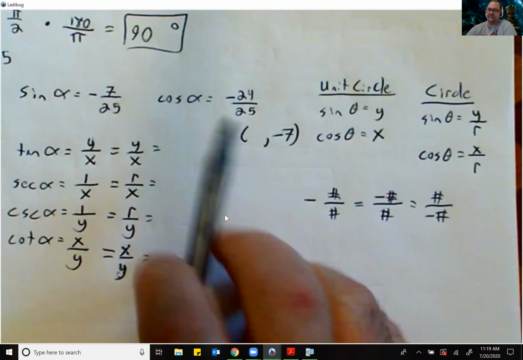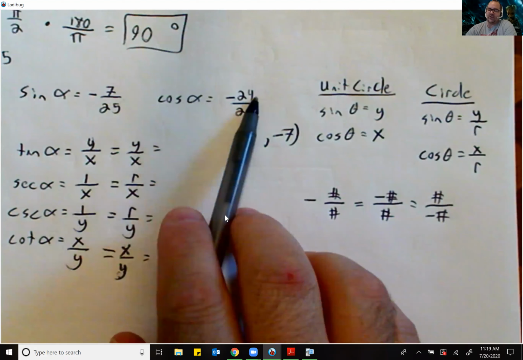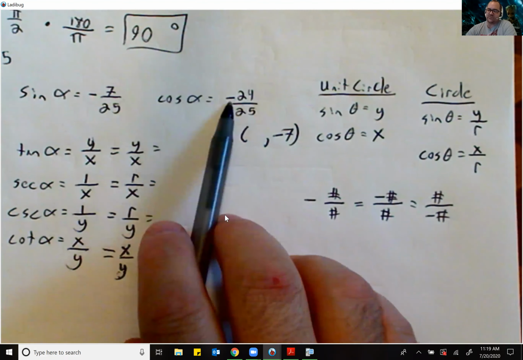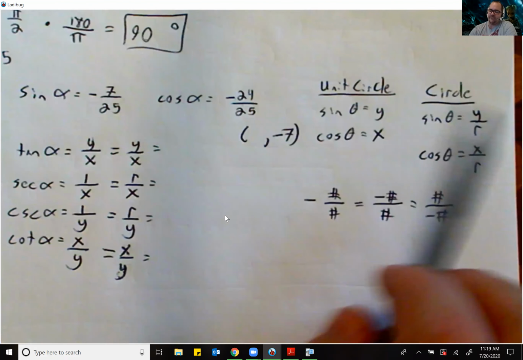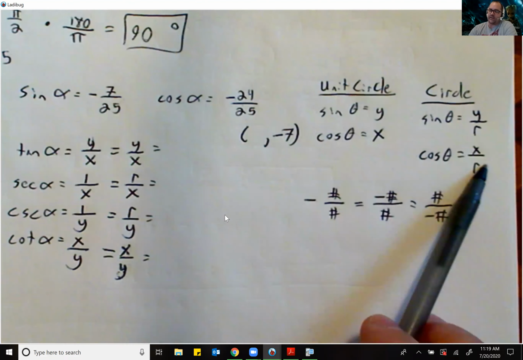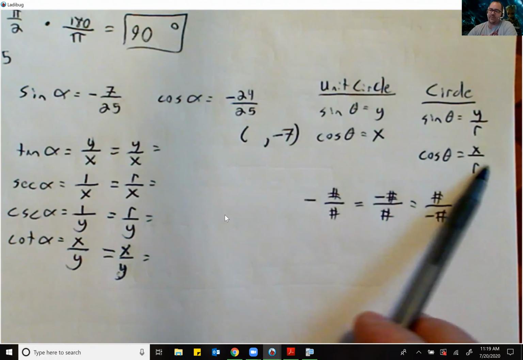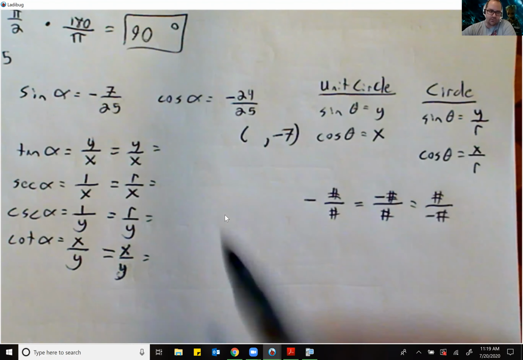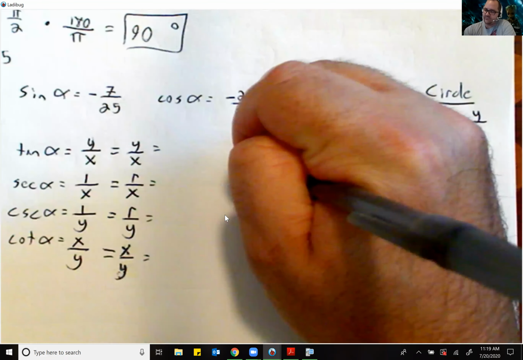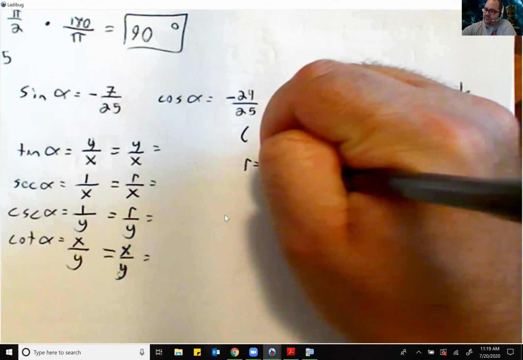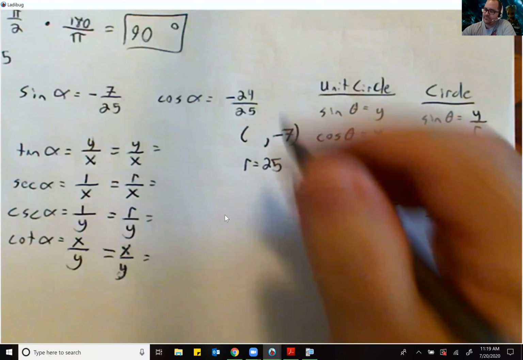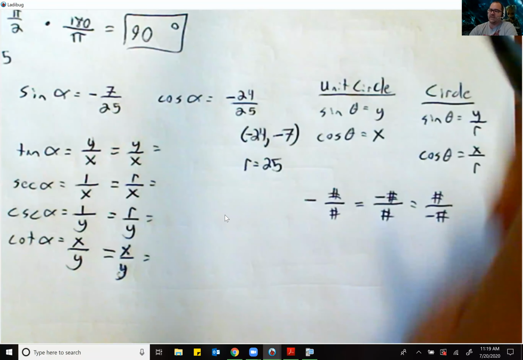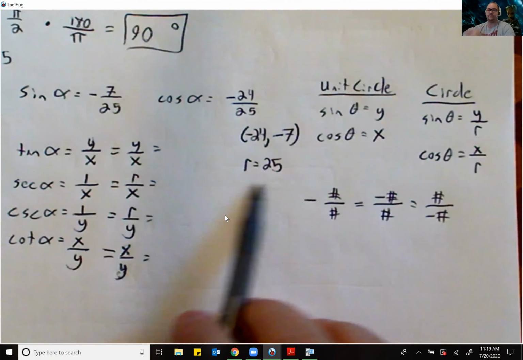I already put the negative up top, but it could have gone either way. But just remember, since we're doing 9.5, since r is the bottom value, it has to stay a positive. So r is a positive 25, and our x value is -24. So here's our point. Here's the radius of the circle. Okay?